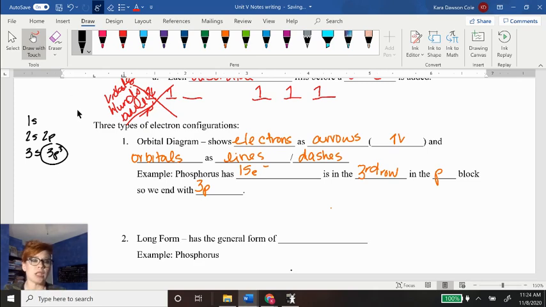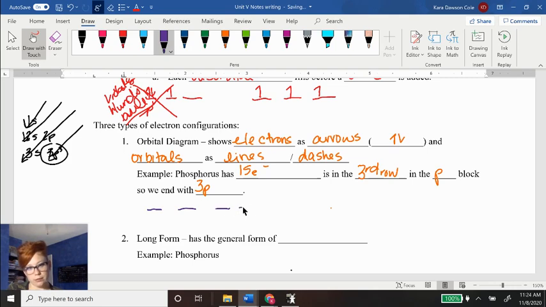So then I know that I'm going to go through the 1s, then the 2s, then the 2p and 3s, and then the 3p. So setting this up, I have 1s, 2s, 2p, 3s, 3p. And then I can write these on the bottom here. So this would be my electron orbital diagram for this.